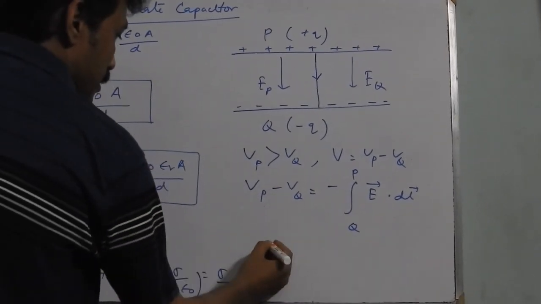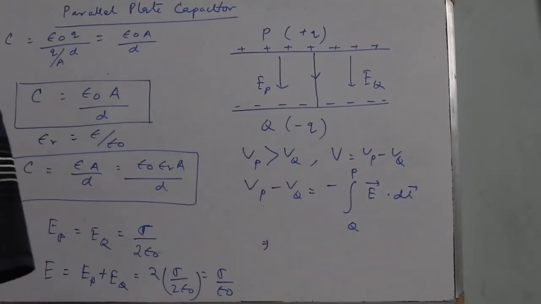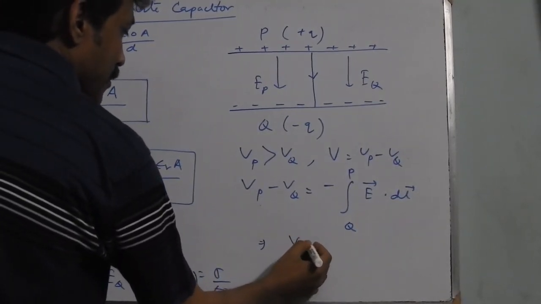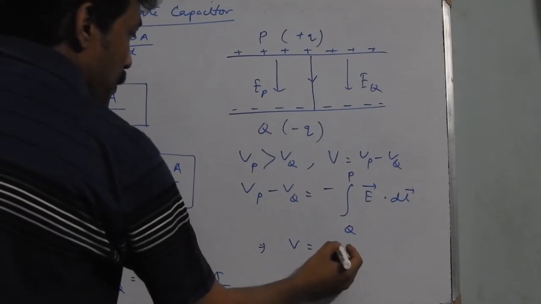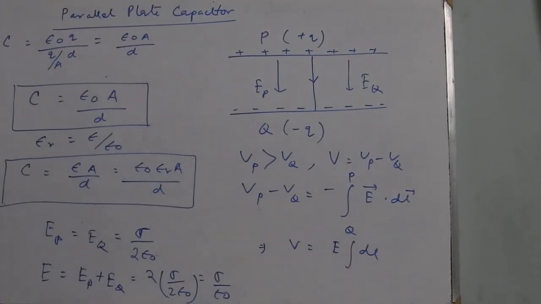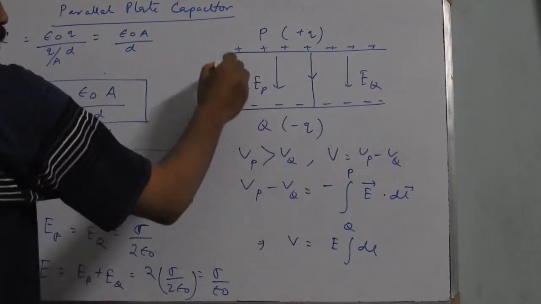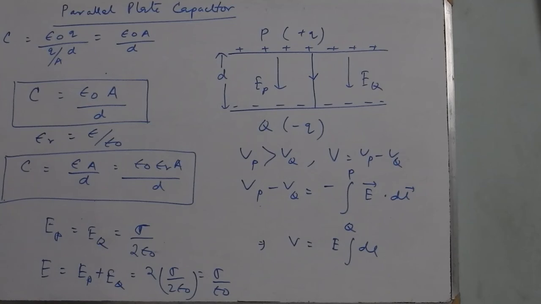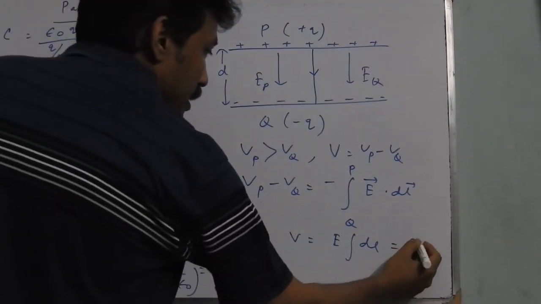So we can write V is equal to E times integration of dl along this path, and integration of dl will produce the distance between the plates, that is d. So this is again E into d.